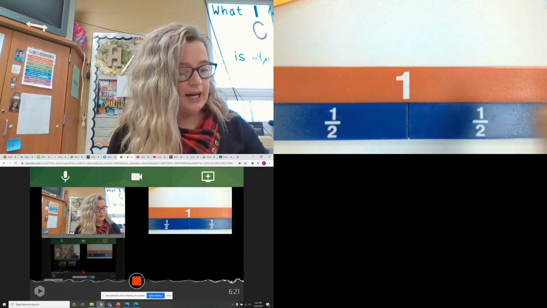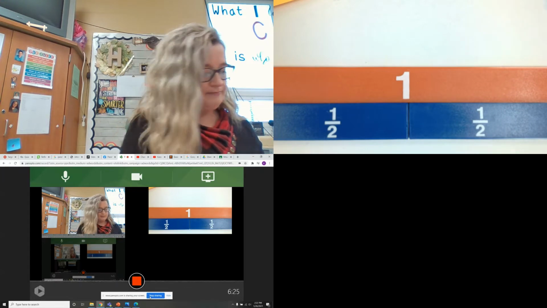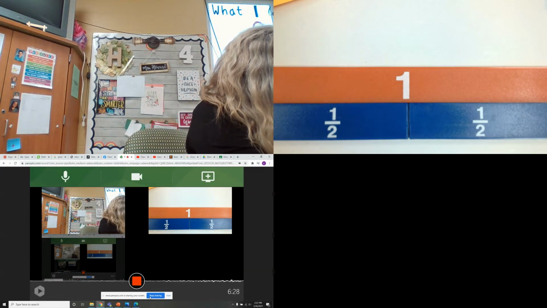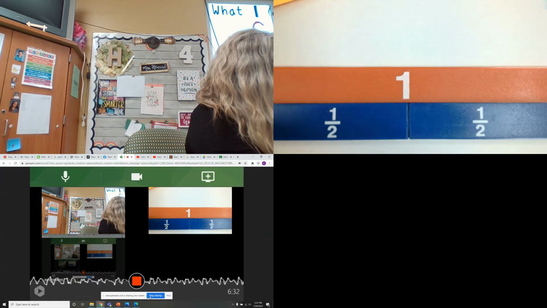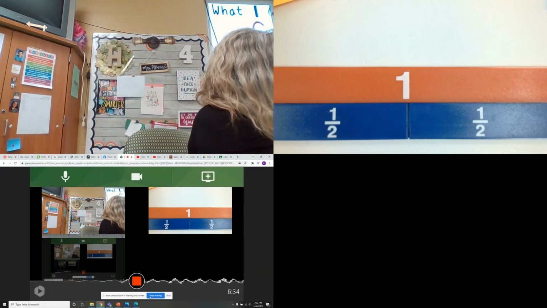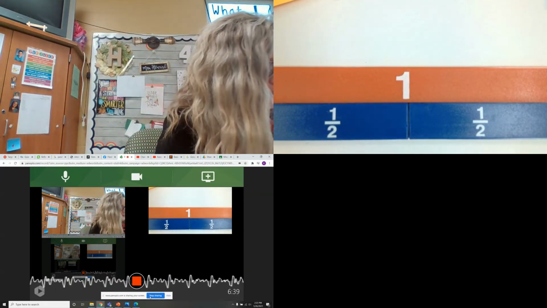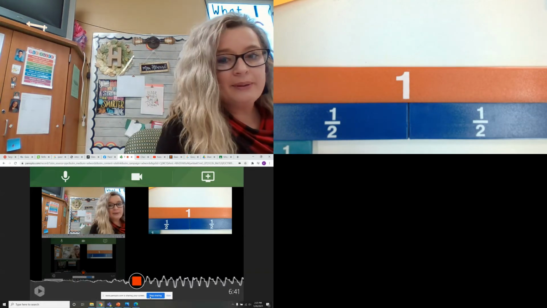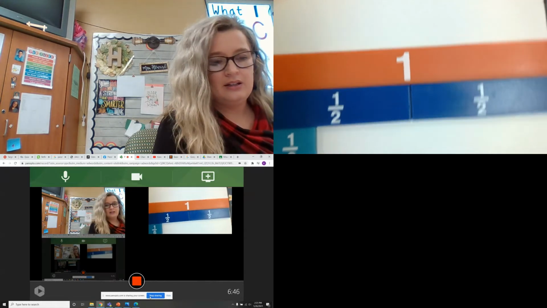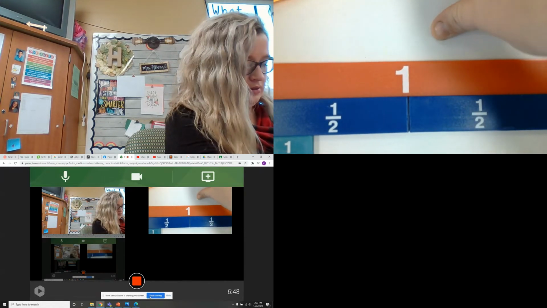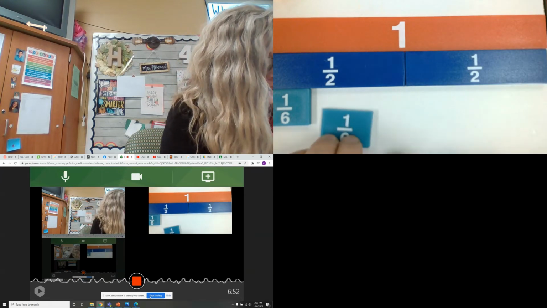If I wanted to break up this one right up here into 6 pieces evenly, you got to do it evenly, then I would measure it out and I would chop it up into 6 pieces. Pieces, not pizzas. So it would look like this right here.